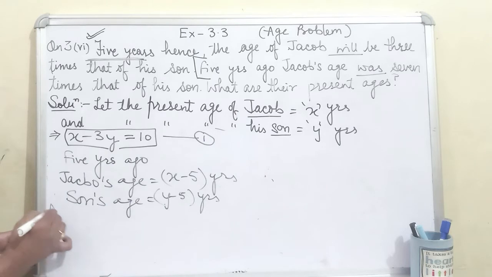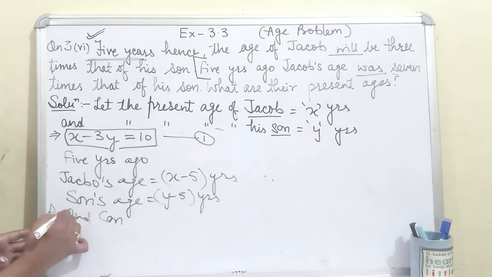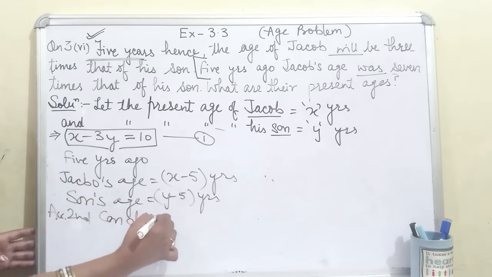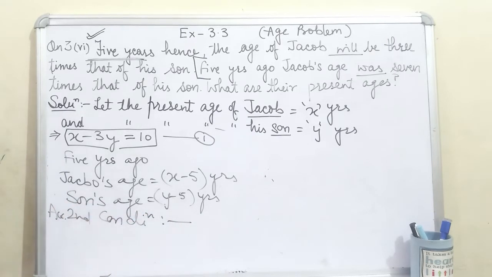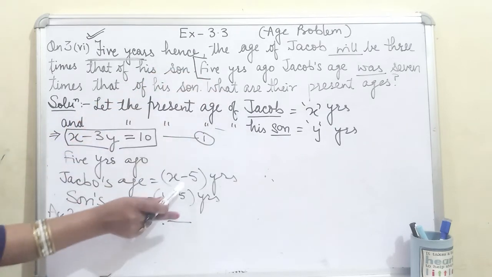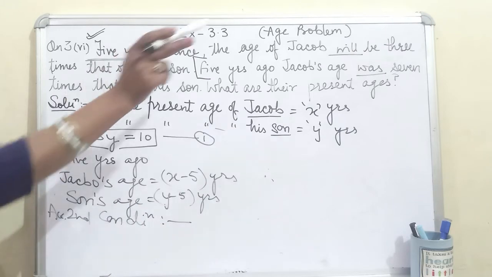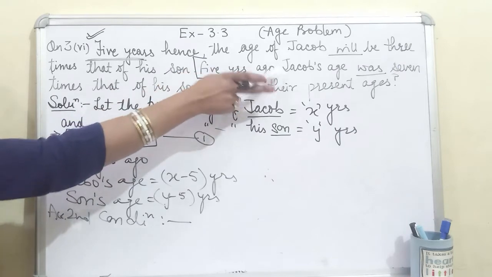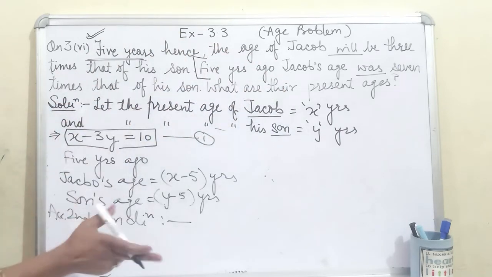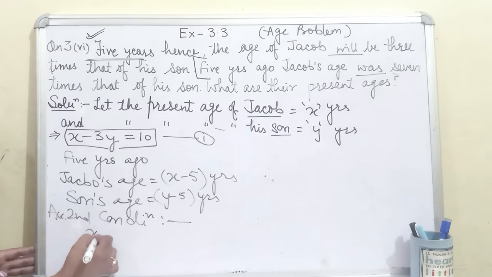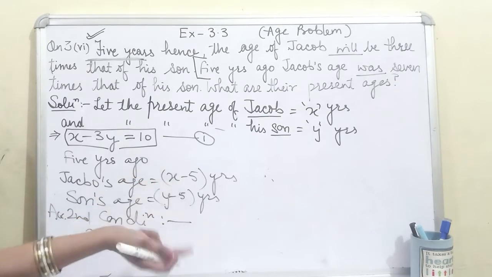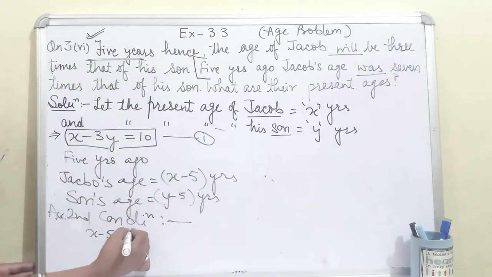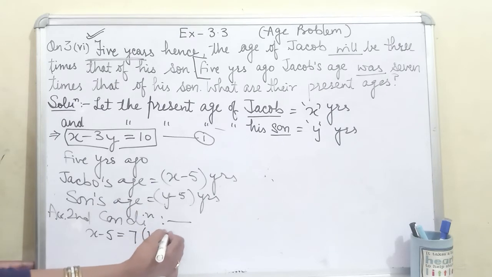Now you have to apply the second condition. You can write it in the short form. Now the condition is 5 years ago. These are the ages 5 years ago. Jacob is 7 times that of his son. That means X minus 5 is 7 times, of whom? The son, Y minus 5.